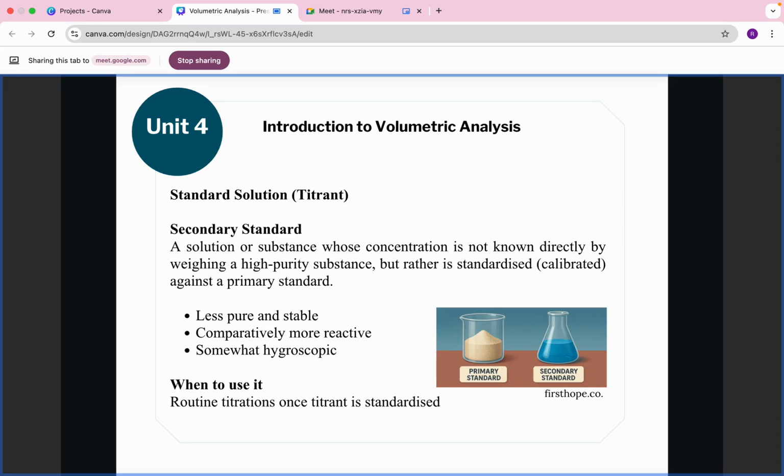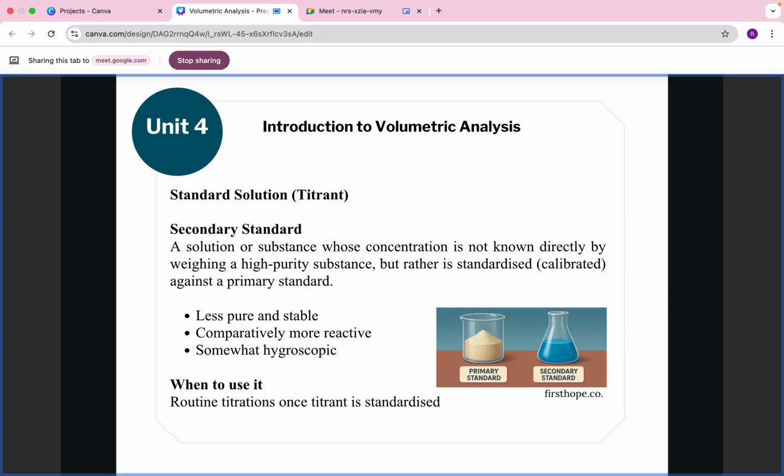For our standard solution or the titrant, we actually use a secondary standard. The basic definition of a secondary standard is a solution or substance whose concentration is not known directly. They are prepared by first standardizing them, or you need to titrate it against a primary standard, which is what we discussed earlier.